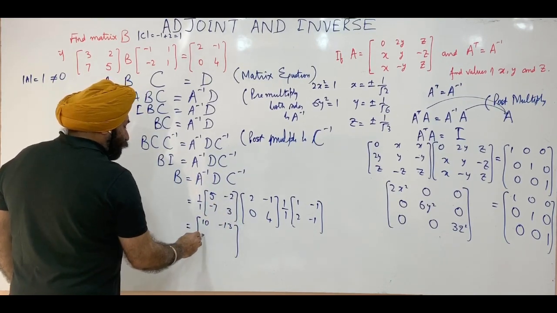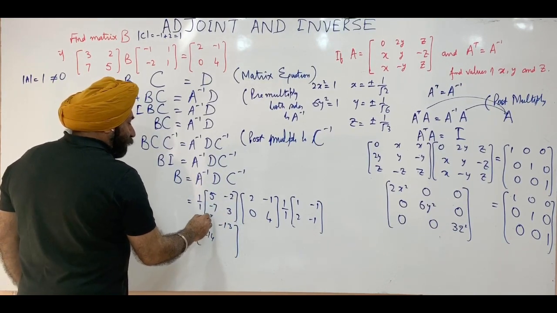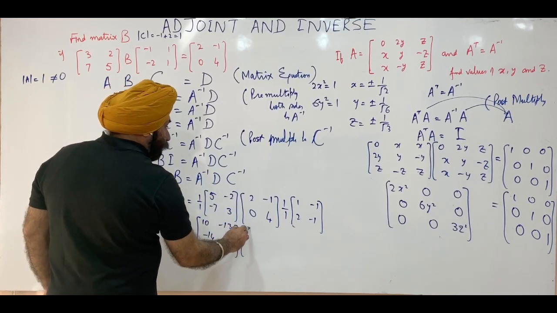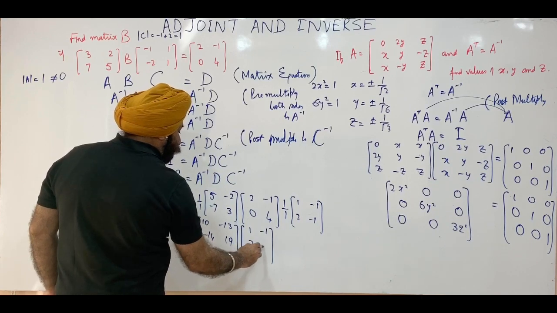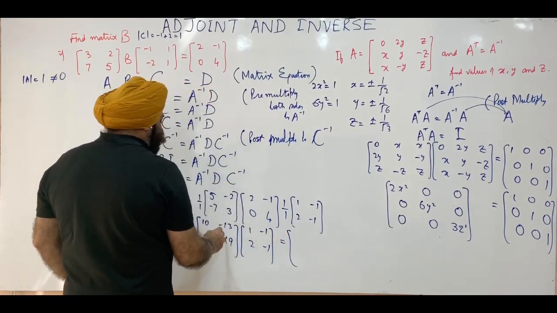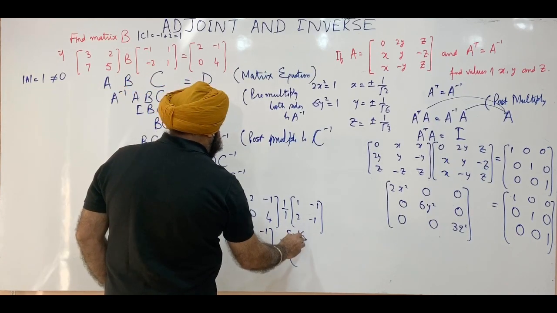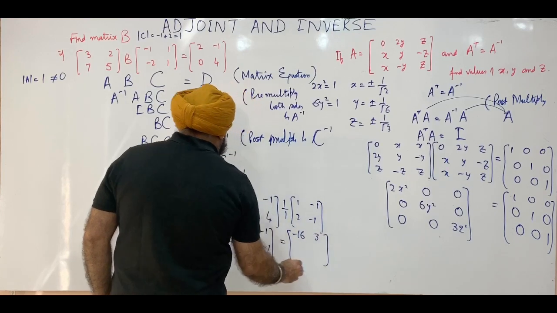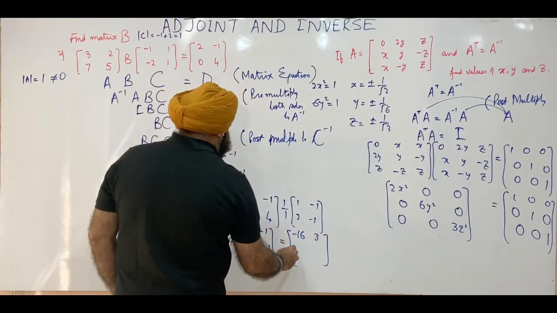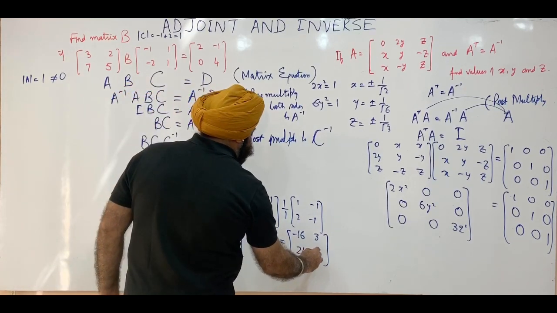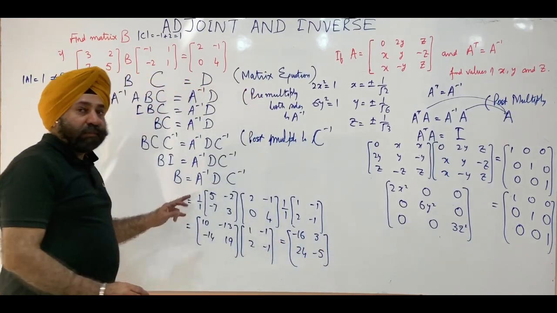This is minus 14, then 7 plus 12, this is 19, into 1 minus 1, then 2 minus 1. That's 10 minus 26, minus 10 plus 13, minus 14 plus 38, plus 24, and 14 minus 19, this is minus 5. This is matrix B.